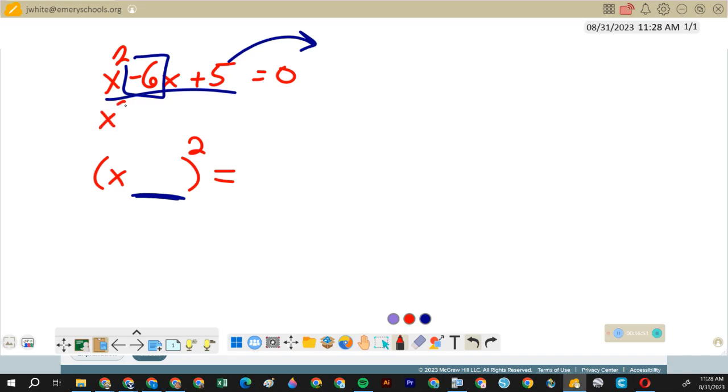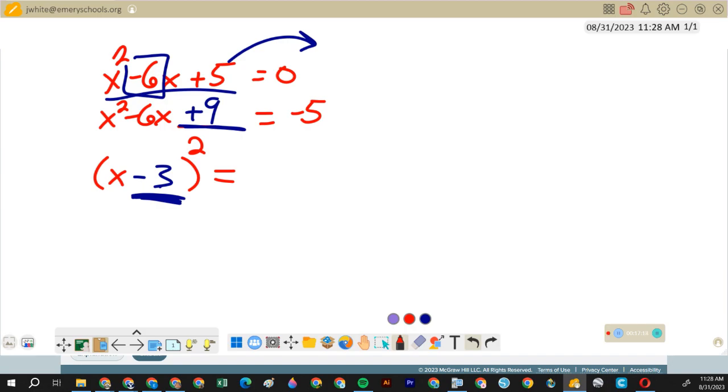So x squared minus 6x, I'm going to leave a space, equals negative 5. Okay? So what would go in here? Negative 3. And if that's a negative 3, what goes there? A 9. We have just done what is called completing the square.